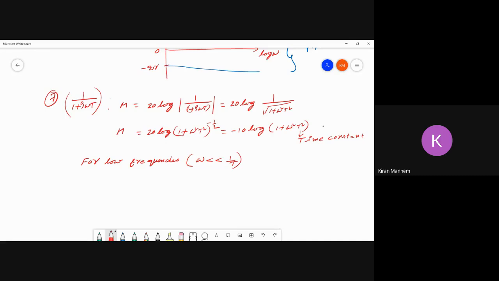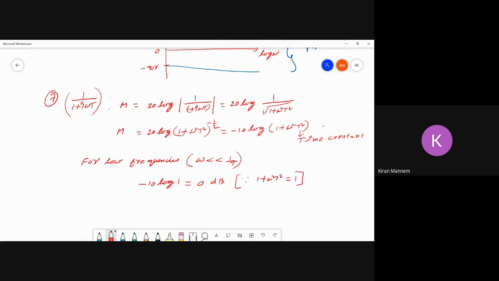So what's the value? When omega is much less than 1 by t, that is low frequencies, your magnitude would be minus 10 log 1. So why is it minus 10 log 1? First let us find out the minus 10 log 1 value, which is 0 dB, since our 1 plus omega square t square would be 1.